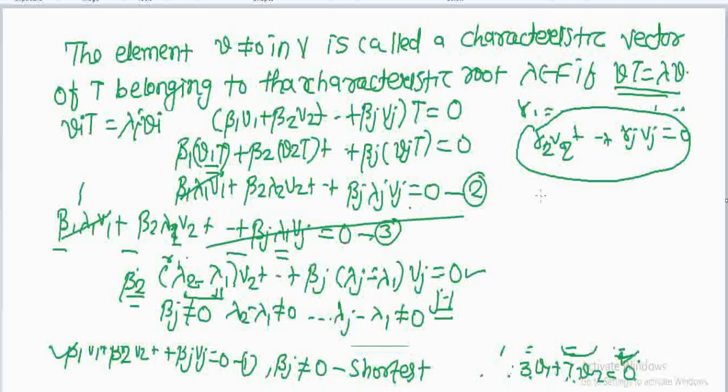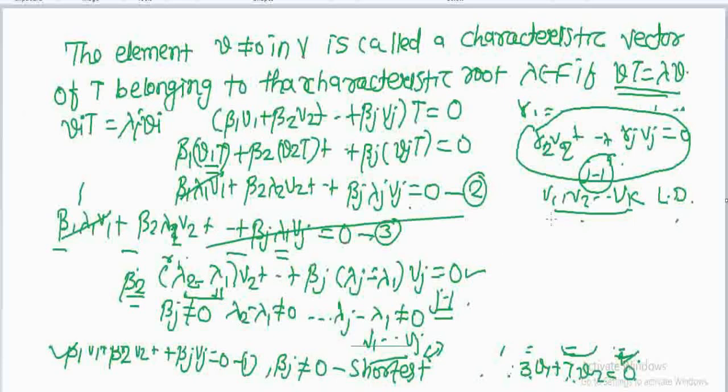That is, we have assumed that v1, v2, ..., vk are linearly dependent. Whenever we assume that v1, v2, ..., vk are linearly dependent, the process continues to reduce like this. Here we have seen the shortest relation has j vectors v1, v2, ..., vj, but here we get j minus 1 vectors, which is again shorter than this j-vector relation.